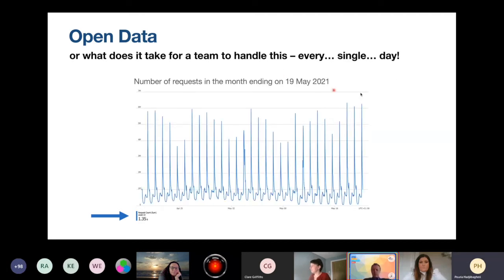So this is the last month. It doesn't change. You can see small spikes here. That's the 10 o'clock news. 1.3 billion requests in 1 month. That is a massive, massive volume of requests coming to our service.